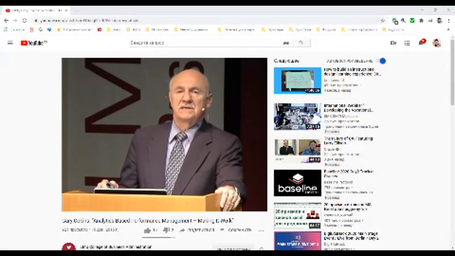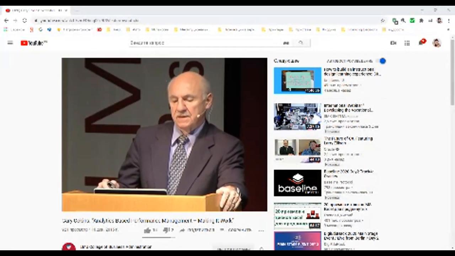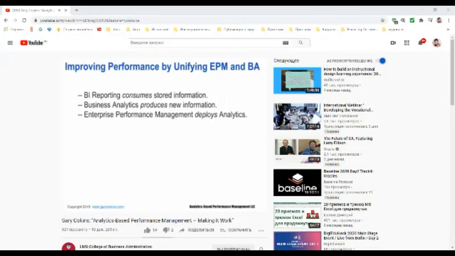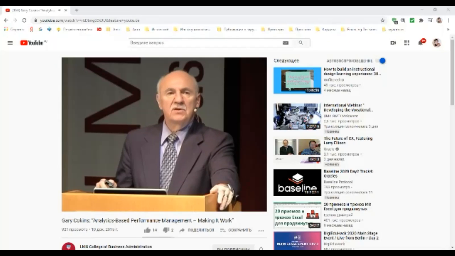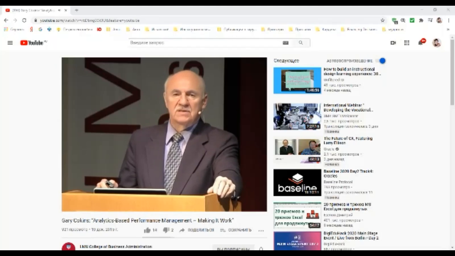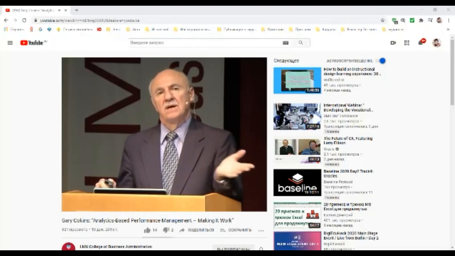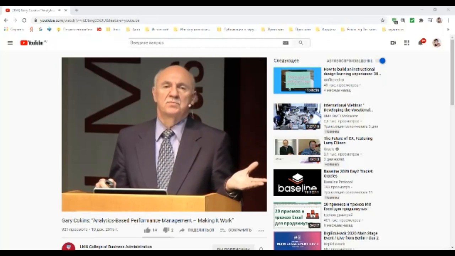Let's contrast business intelligence from business analytics. Business intelligence reporting consumes stored information. Increasingly, BI, its acronym, is being marginalized as reporting. What business analytics does is it produces new information from the stored information. And what these enterprise performance management methods do is they will deploy different types of analytics for the different type of problem that they're to pursue.